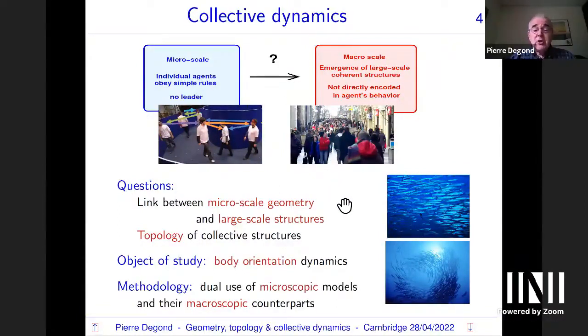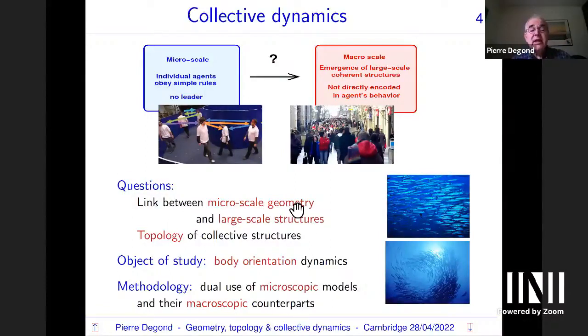Specifically, my interest currently is in trying to explore the relations between the microscale geometry of, say, the agents and the agents' interactions and the shapes taken by the large-scale structures.